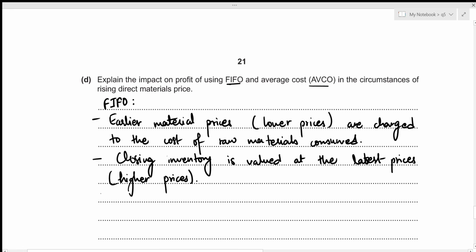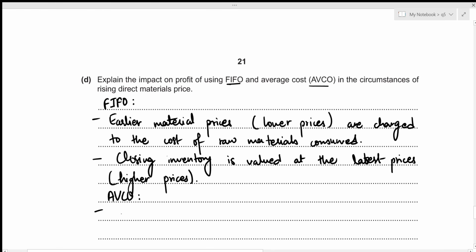Now let's write it down for the average cost method. As the name suggests, we know that we will be charging the average cost, which will be the average of lower prices and the higher prices, to our cost of raw materials consumed. Let's write it down.